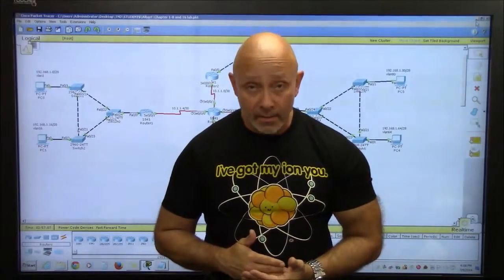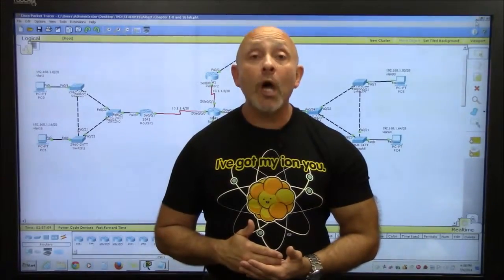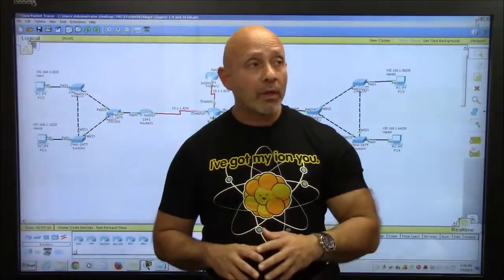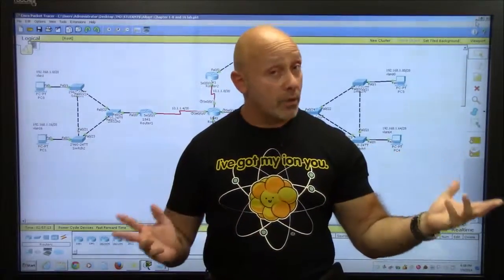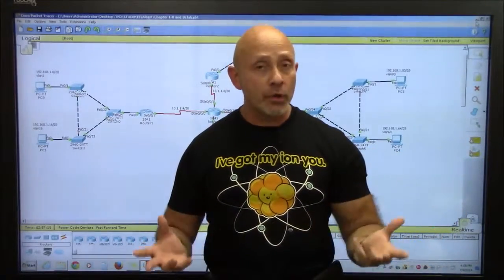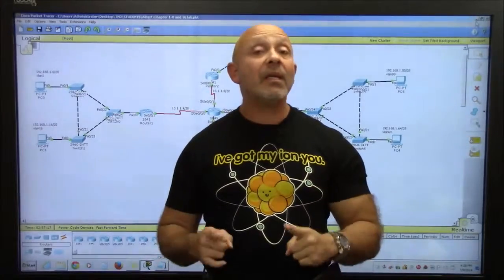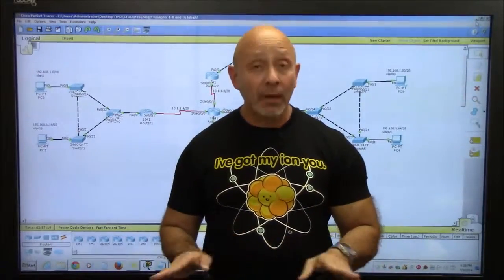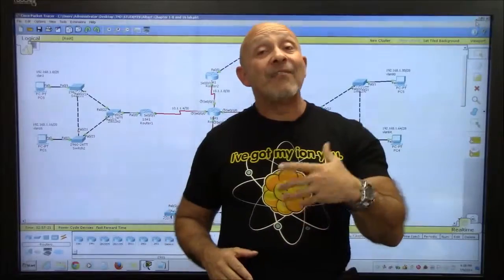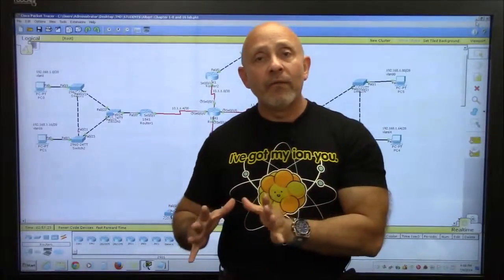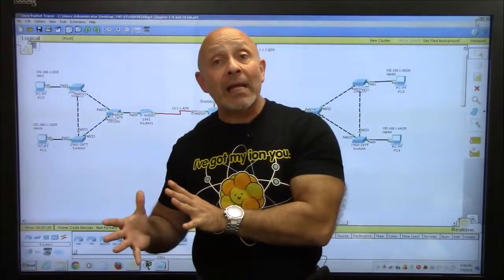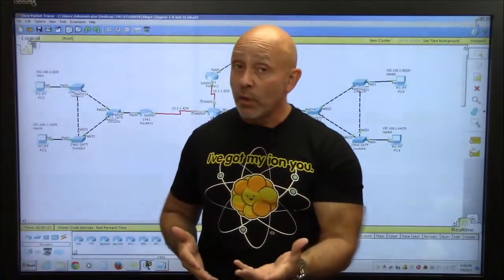Because regardless of where you go, whether you're working with different manufacturers of routers, routing is routing, period. The navigation of their IOS may be slightly different. That's easy to learn.